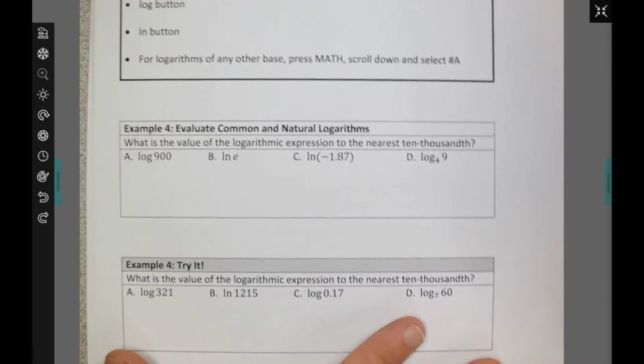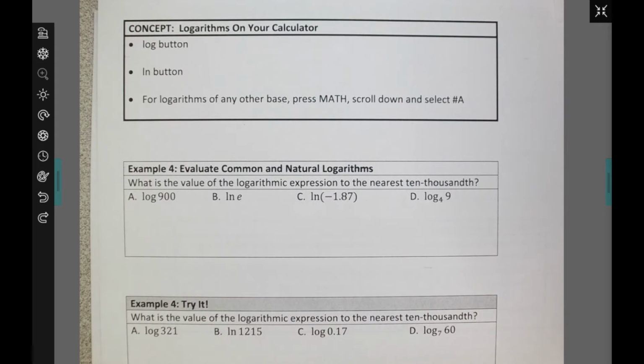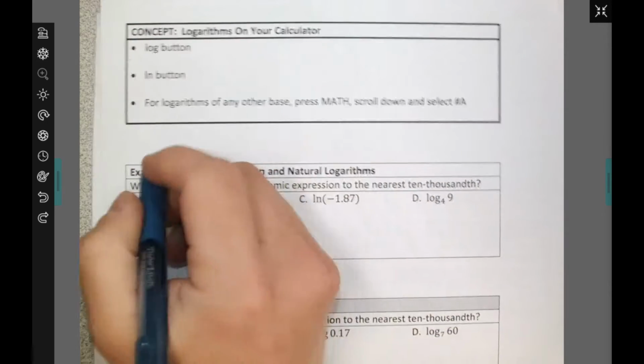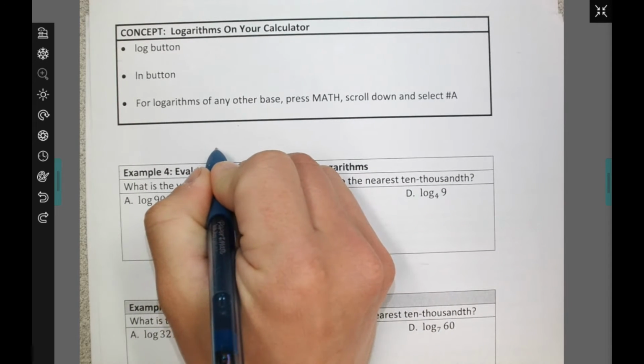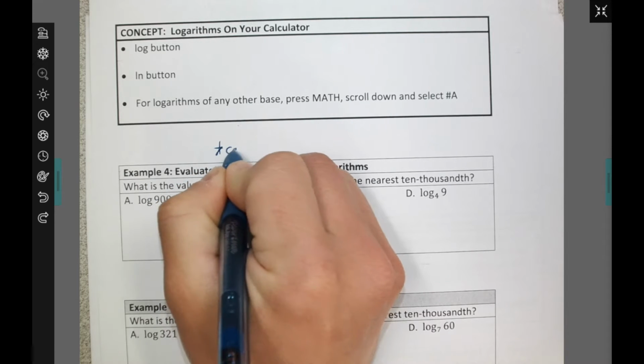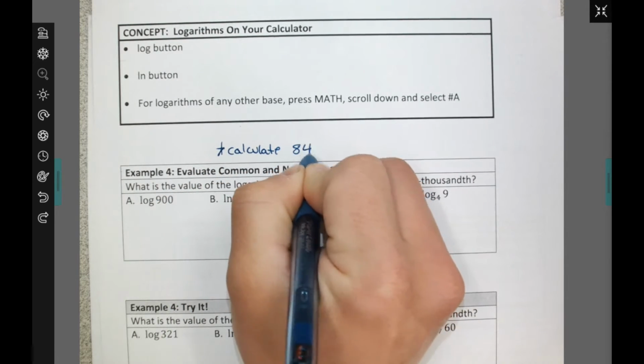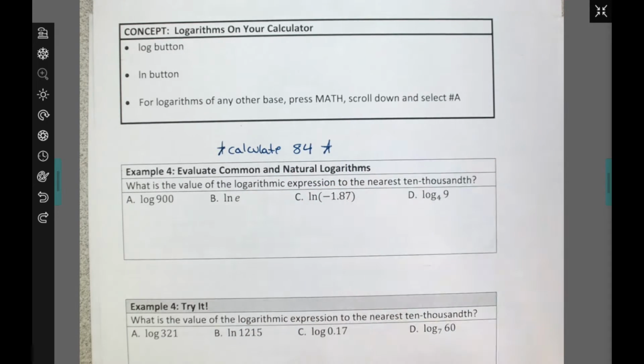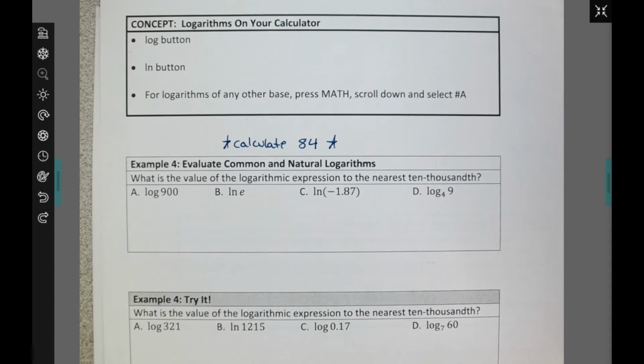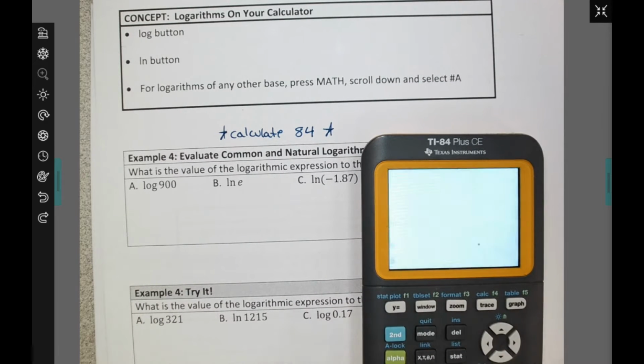Example 4 is the important one, and once again, I mean, it's not the important one, but it is pretty important. So again, make sure that on your phone you have Calculate 84 downloaded if you do not have a graphing calculator. Calculate 84 will do everything that I'm going to show you right here on this graphing calculator.